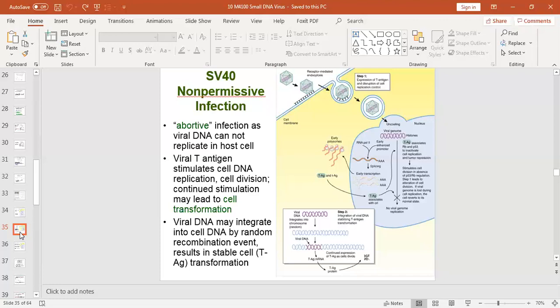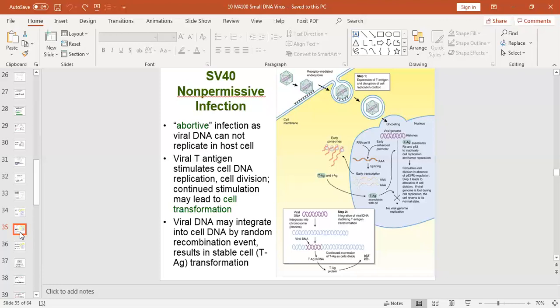Sometimes viral DNA can integrate into host cell DNA through a process called a random recombination event. In this instance we have stable cellular transformation because viral T antigen is continuously and constitutively present in the host cell.